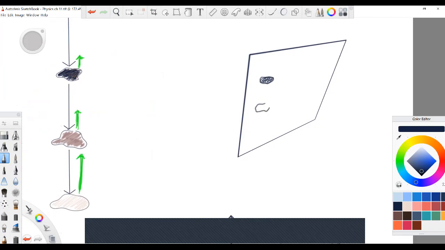Here's our second object. I think I made that, fill that in brown there. And then our last object down here. Okay, so what we actually see on our screen are three objects that were scanned with ultrasound.